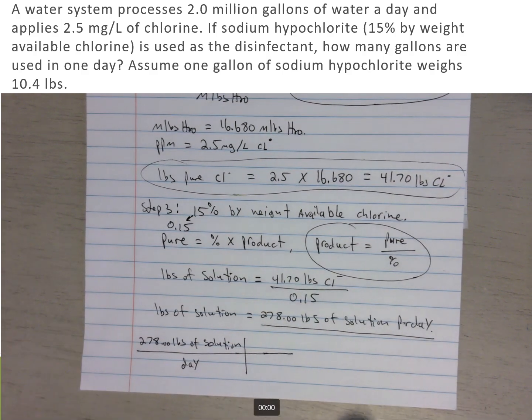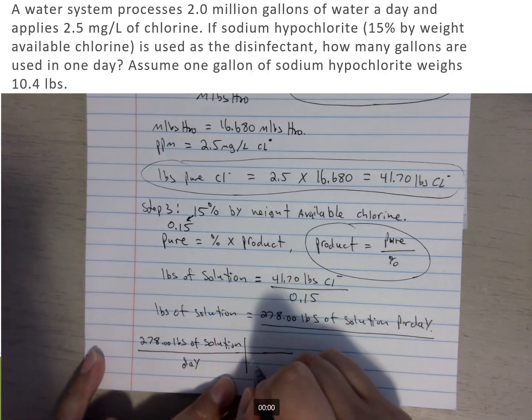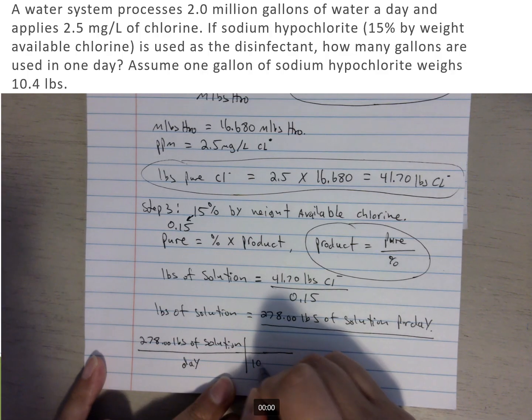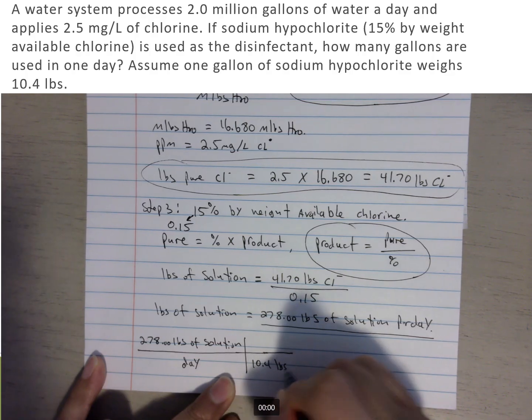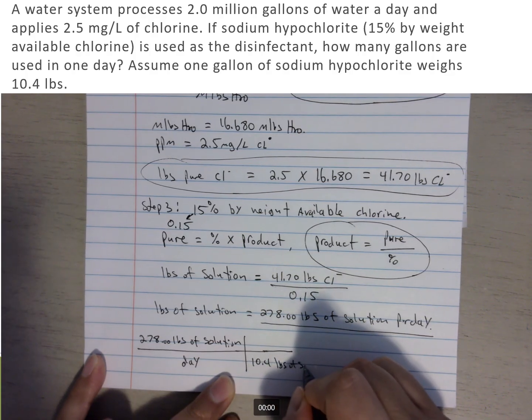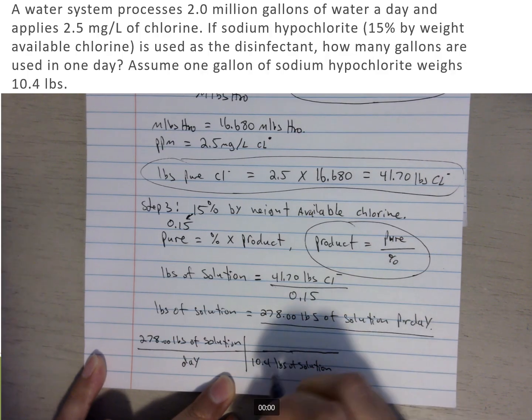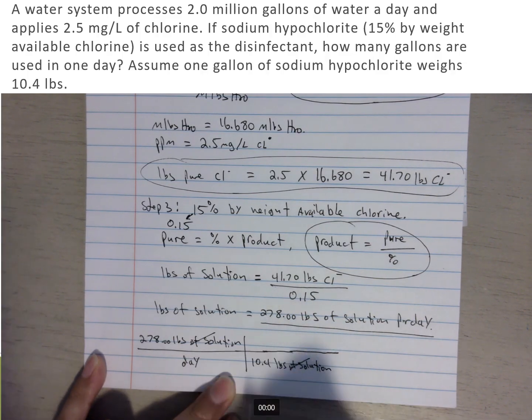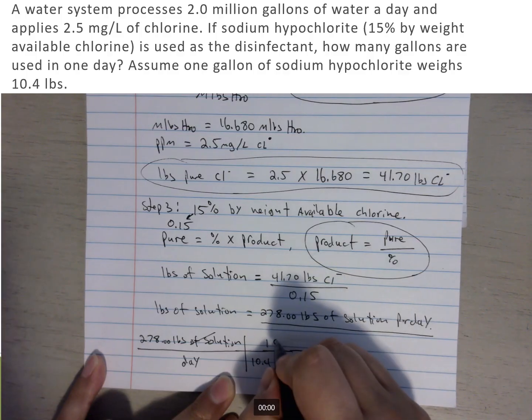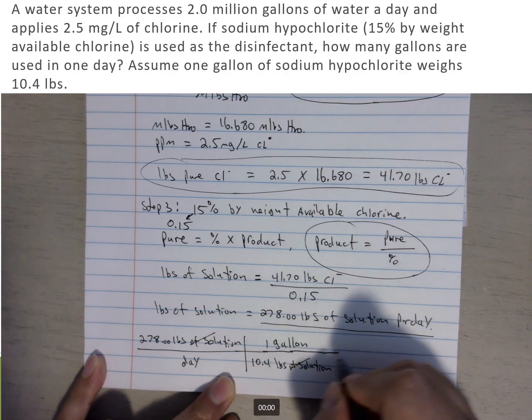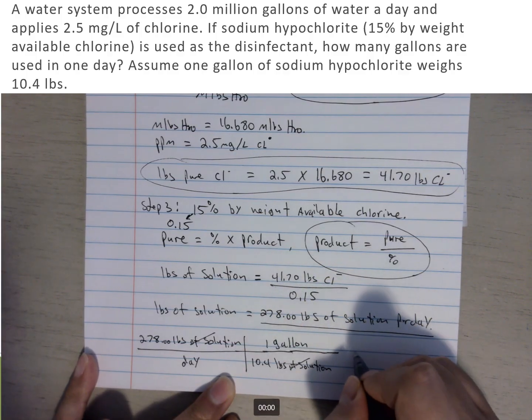We know that 1 gallon of solution weighs 10.4 pounds, right? So the 10.4 goes on the bottom because that's pounds of solution, right? And that cancels out with the pounds of solution on top to give us 1 gallon of solution on the top part of that.